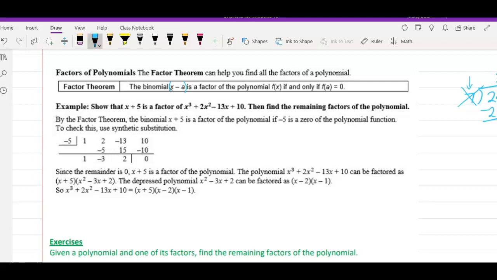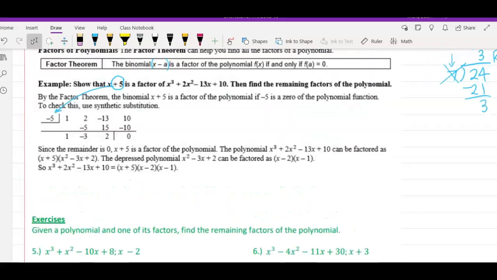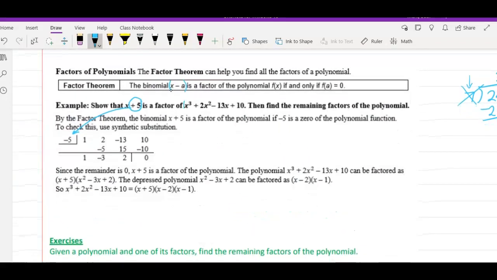Now, to show that x plus 5 is a factor, we can just go back to our synthetic division. And notice that we took the opposite of 5 and put it right down here into the box. Then we took all the coefficients, 1, 2, negative 13, and 10.